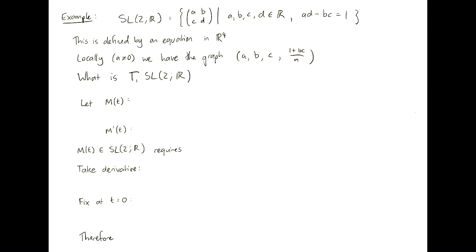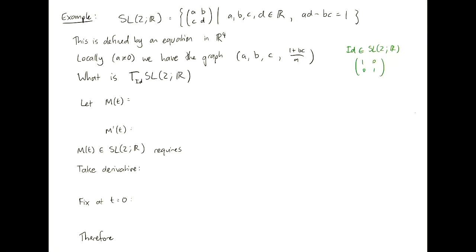What I'm going to do is work out the tangent plane of this set at the identity. So if you're a bit rusty, when I say identity, I can see firstly it's going to be an element of SL2R because it has determinant 1. So the identity is in my set. I can work out the tangent plane at that point. And that is exactly what I will do.